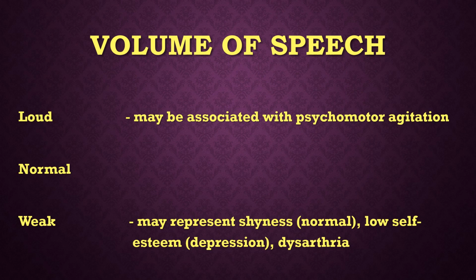Dysarthria occurs when the muscles you use for speech are weak or you have difficulty controlling them. Nervous system disorders and conditions that cause facial paralysis or tongue or throat muscle weakness, or certain medications, can also cause dysarthria. So, in the volume of speech, we are looking whether the patient is whispering or speaking inappropriately loudly.